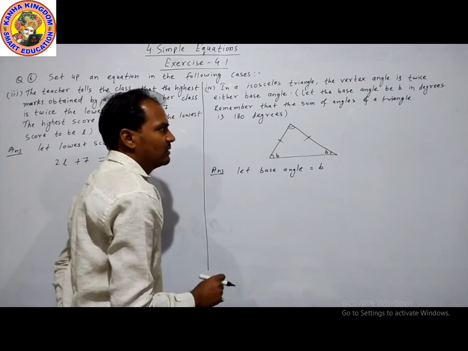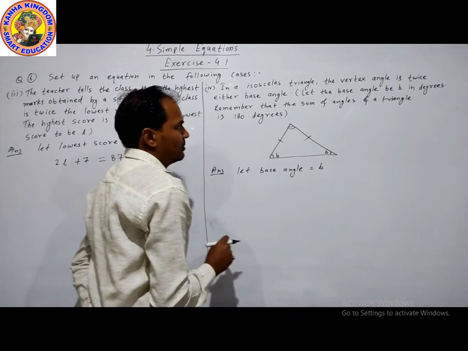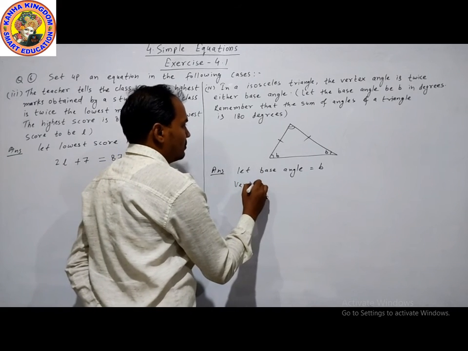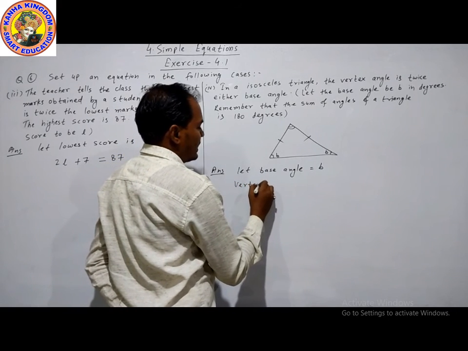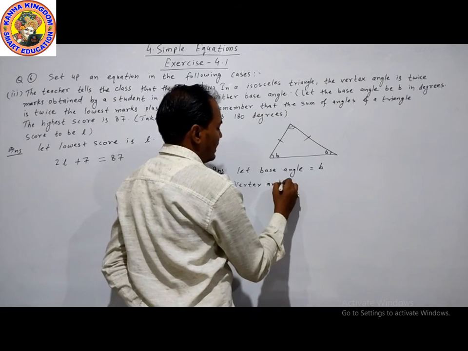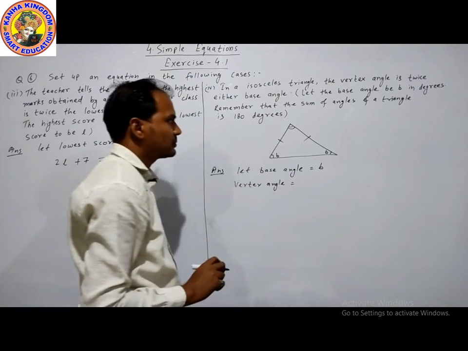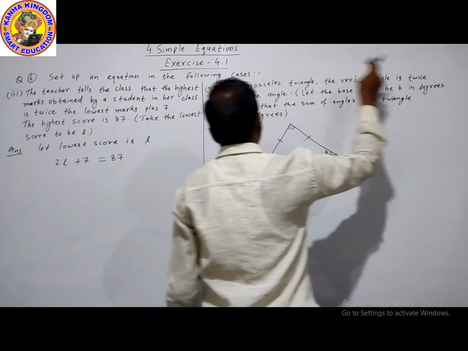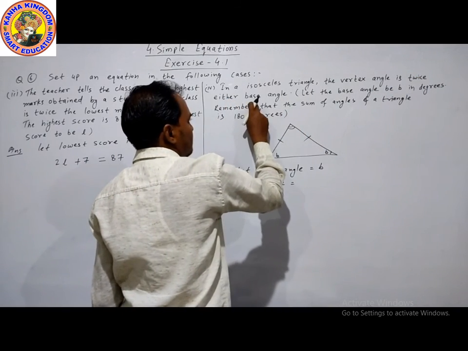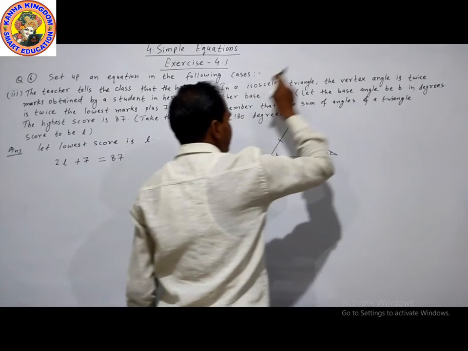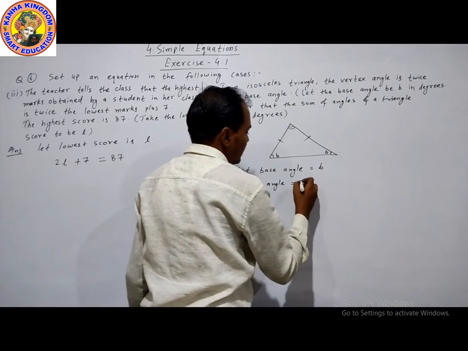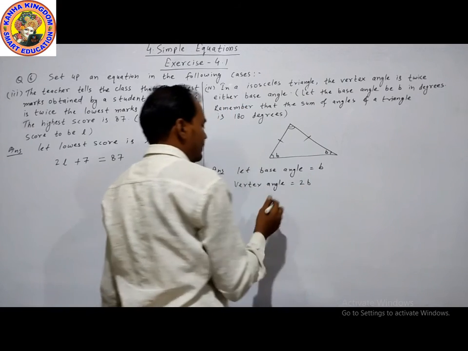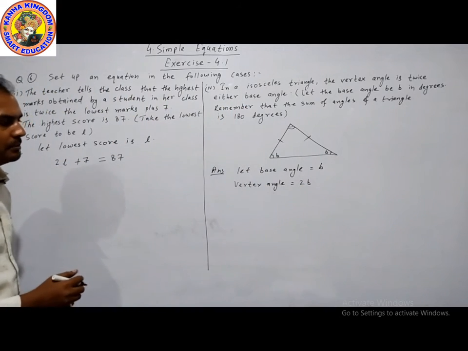What is said about the vertex angle? Vertex angle is twice either base angle, 2 times the base angle. Base angle is B, then the vertex angle is 2B.